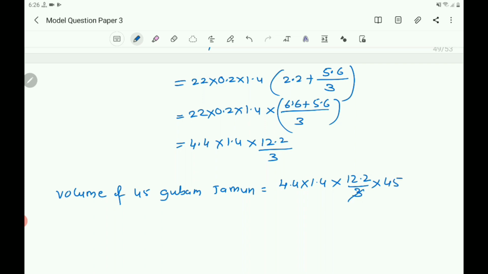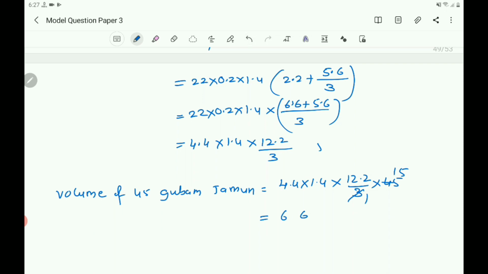Then you will get 3 ones are 3, 15s are. Then you multiply these two. 14 fours are 56, plus 5 is 61.